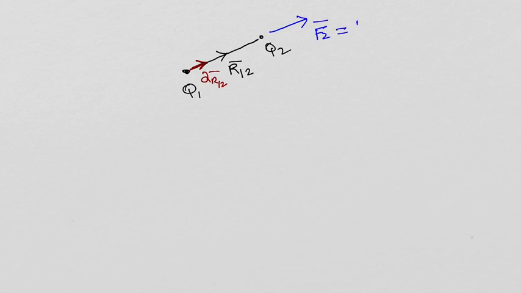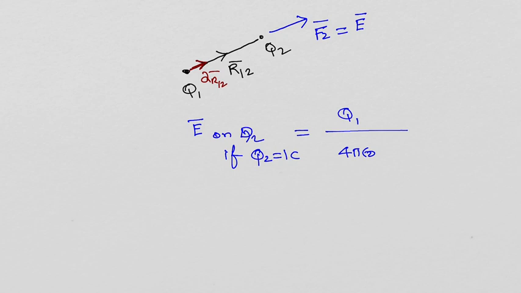If Q2 is 1 coulomb, then it is indicated as E, electric field intensity. So due to a single point charge Q1 in free space or a vacuum, E, which exerts a force on Q2, if Q2 is 1 coulomb, then I say it is the electric field strength of Q1, which is equal to Q1 divided by 4 pi epsilon naught R12 squared, times the unit vector AR12.